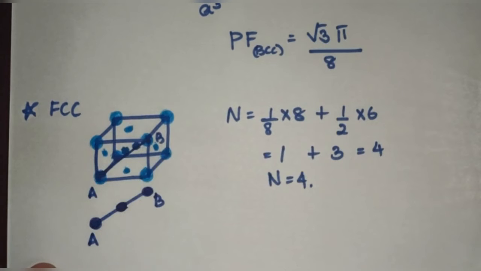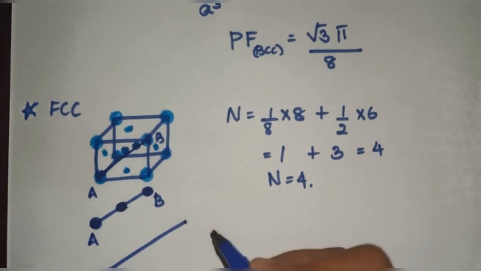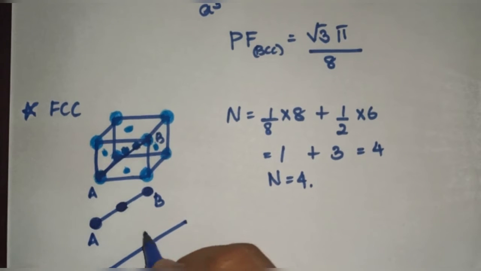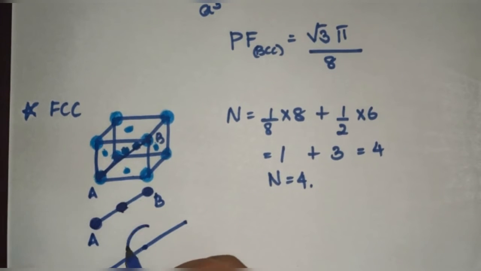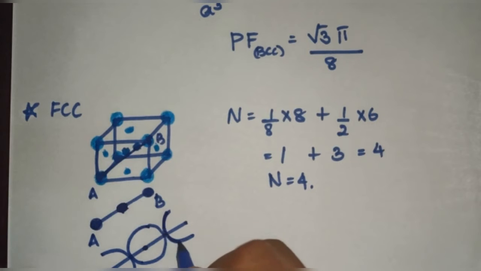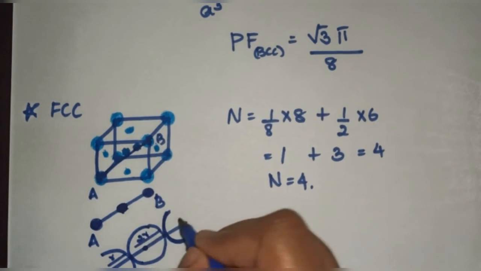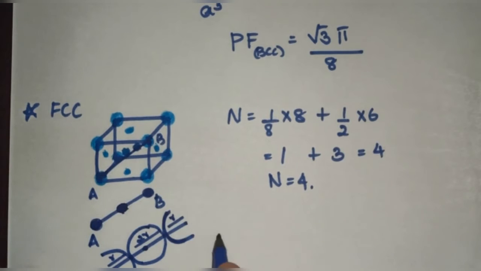Now let's calculate the R. So this is R, 2R, and this one will be R, which will be 4R.